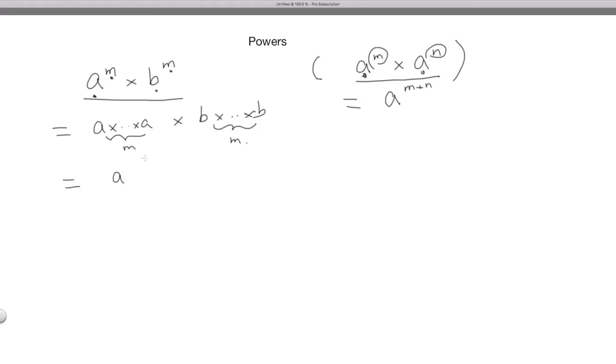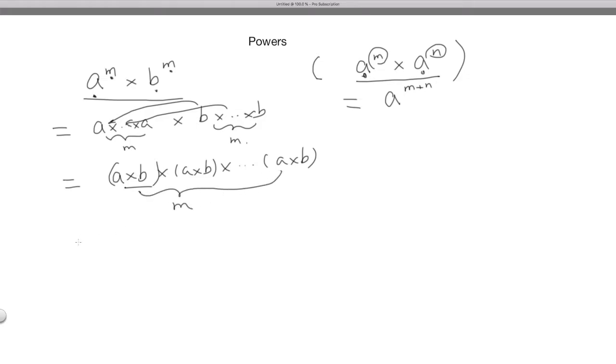You can change the order of the b's and plug them next to the a's, making pairs of a times b times a times b. Because there are m a's and m b's, you can pair them together to make m pairs of a times b. And this is, of course, the definition of (a times b) to the power m.